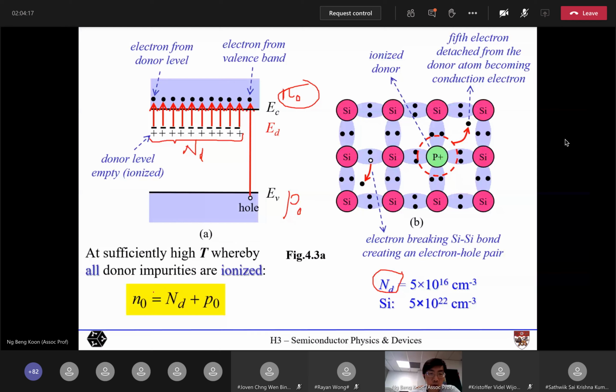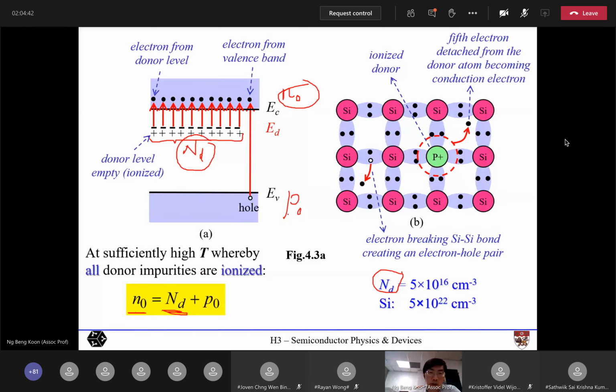If you look at this graphically, we can see that the total number of electrons, as we mentioned before, comes from two sources. So N naught is made up of a contribution from ND, because each phosphorus atom gives rise to one donor electron. If there are ND phosphorus atoms per unit volume, then you expect ND electrons per unit volume. That is one source of electrons.